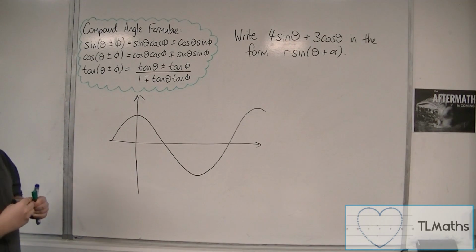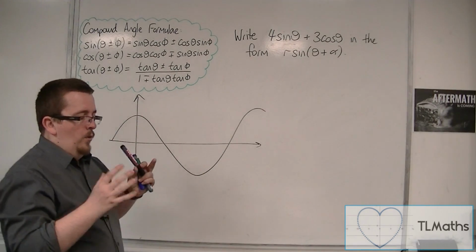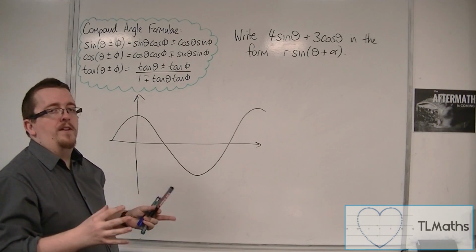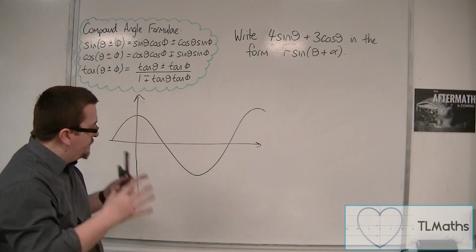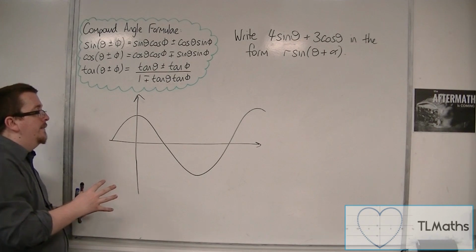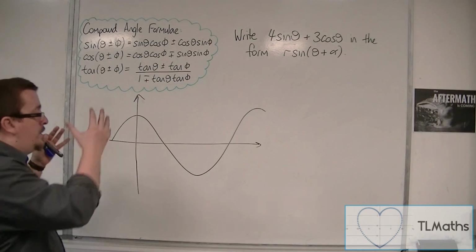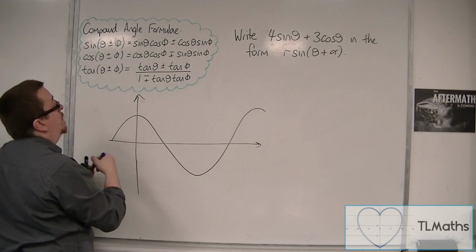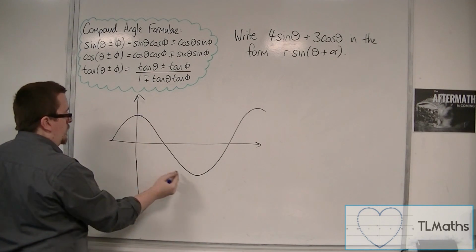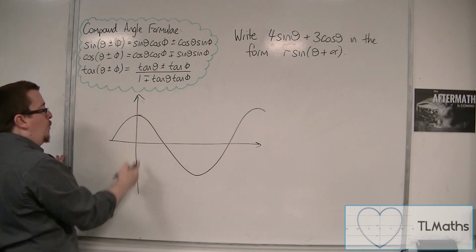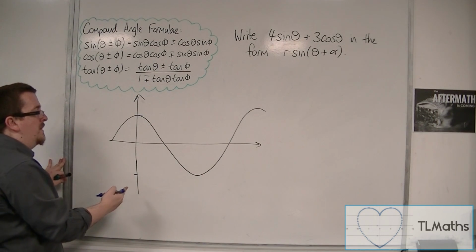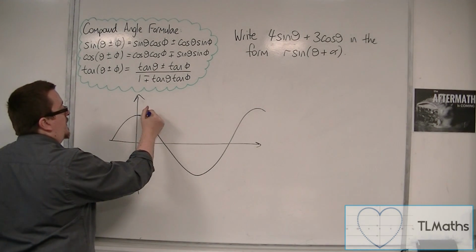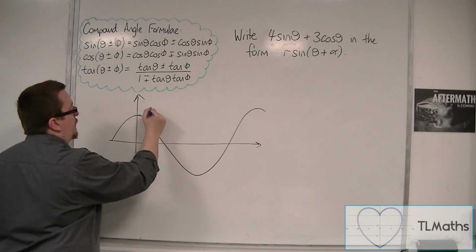To accentuate the point that although this might look like a sine or a cosine curve, essentially it could be a sine curve, but it might be going through other points. So it's not 1 and minus 1, for example. It might be something like 15 and minus 15.